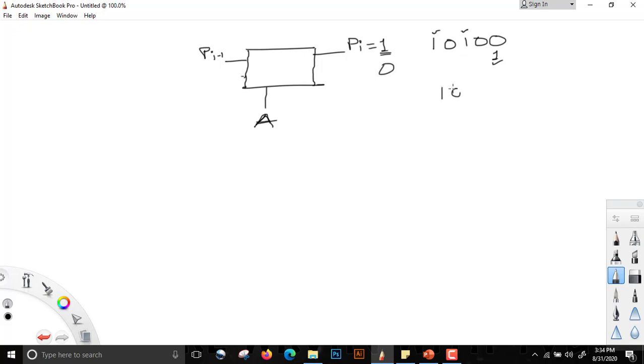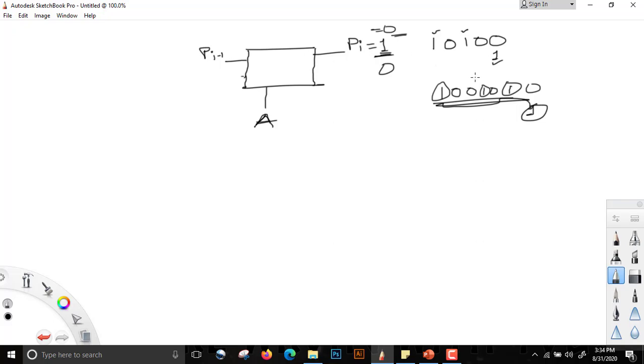Again, let us look at an example of odd parity. Here we have 3 ones available, so in this case Pi is equal to 0. This is odd parity. Now if we introduce a 0 afterwards, it still remains odd parity, but if we introduce a 1 after this, then the number of ones would be 4, and it will become even parity, and Pi would be equal to 1.